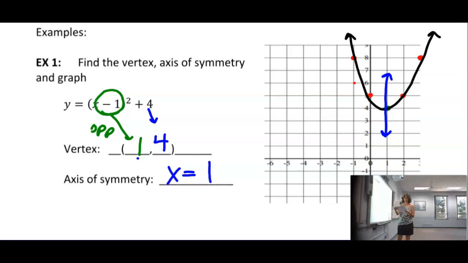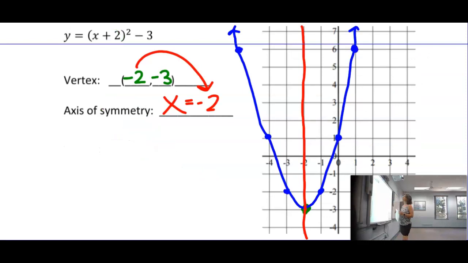I want you to try the next one on your own. Look at the rules. How do I find my vertex? And then do your graph. So I'm going to pause while you do that. Okay, you should have got -2, -3 for your answer right here. Opposite of 2, same as -3.